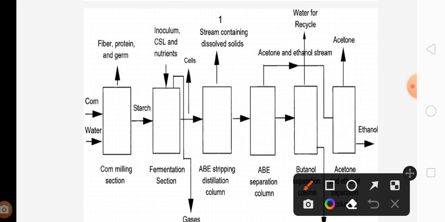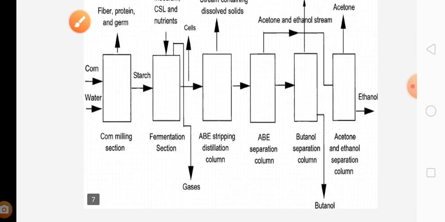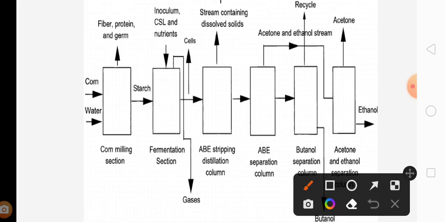From here, the water which is left in the fermentation broth is removed, which will be recycled for our next cycle of fermentation. Butanol will be recovered from the butanol separation column and acetone and ethanol will be recovered from the other column.